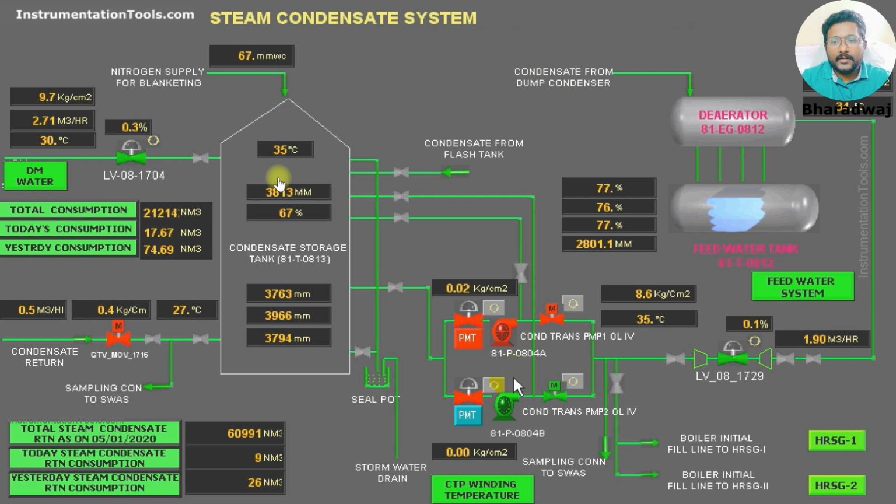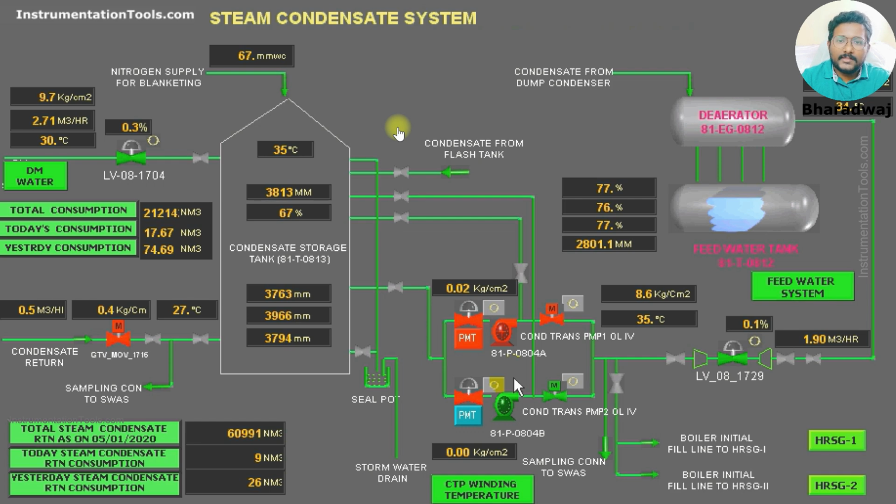For analog related values, the PLC uses 4 to 20 milliamp signals, either for input purpose or output purpose. The transmitters use 4 to 20 milliamp signals for sending their measurement values to the PLC.